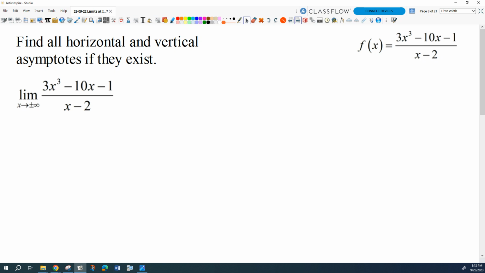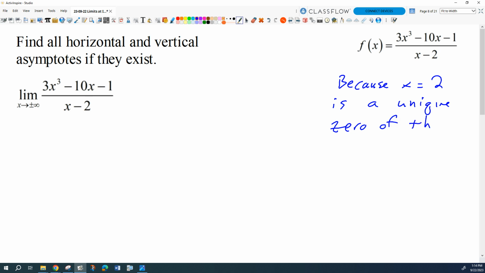Agreed? Okay, so then we would say that because 2 is a unique zero of the denominator, x equals 2 is a vertical asymptote, right?